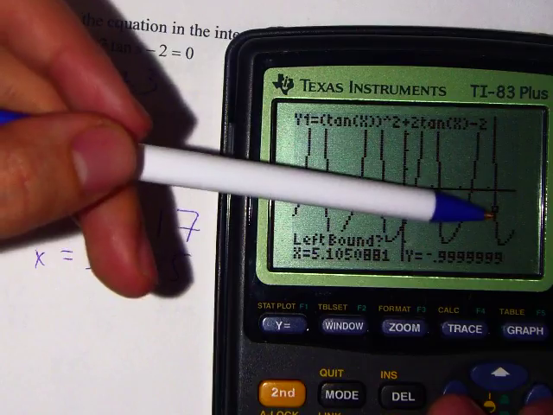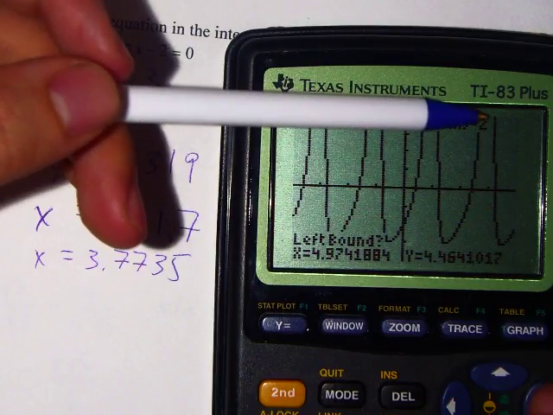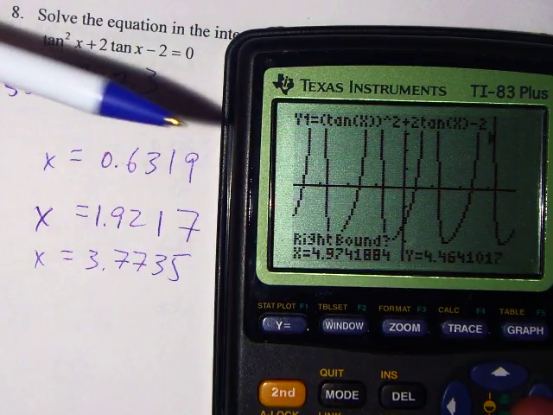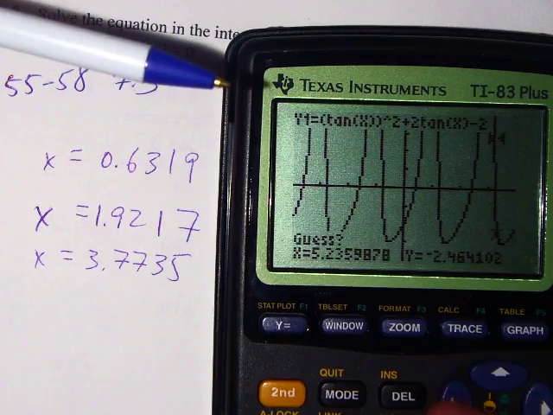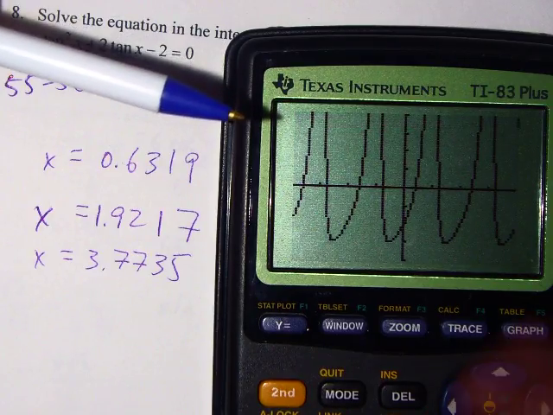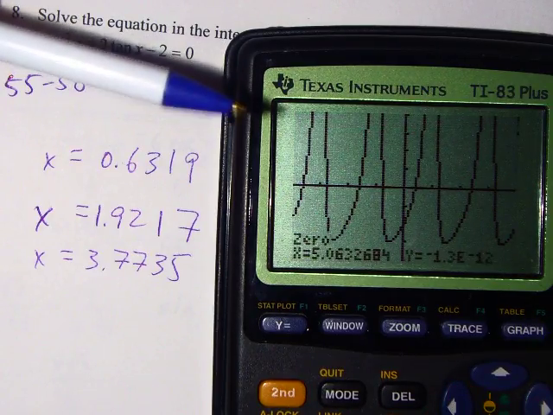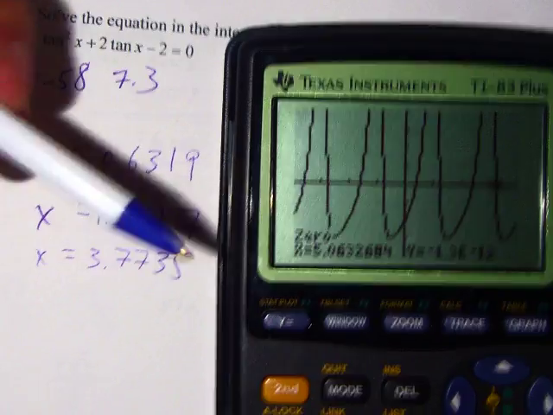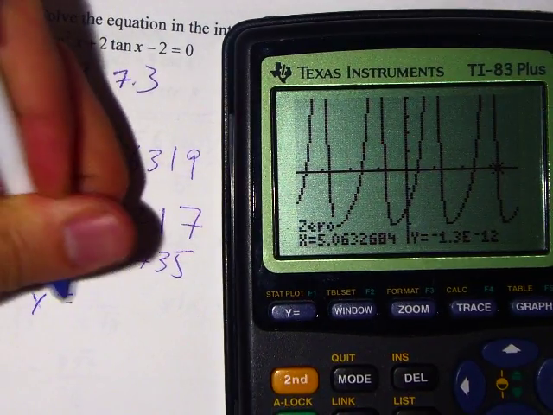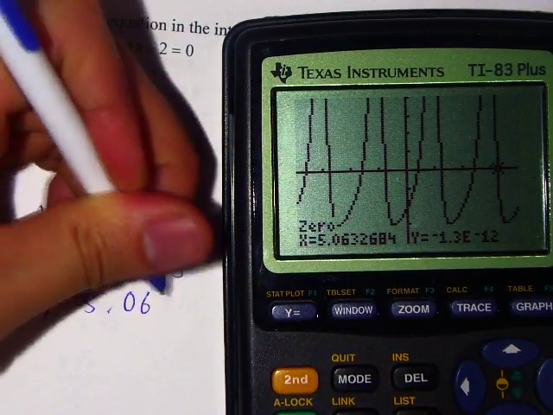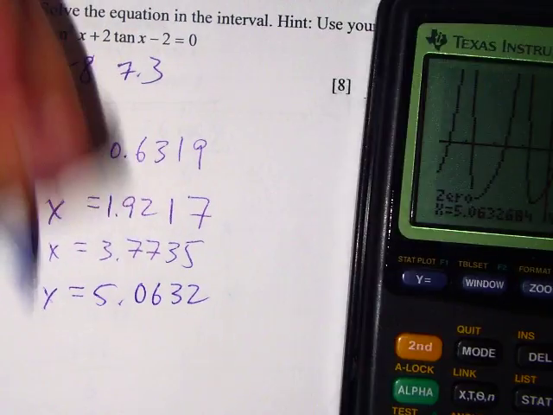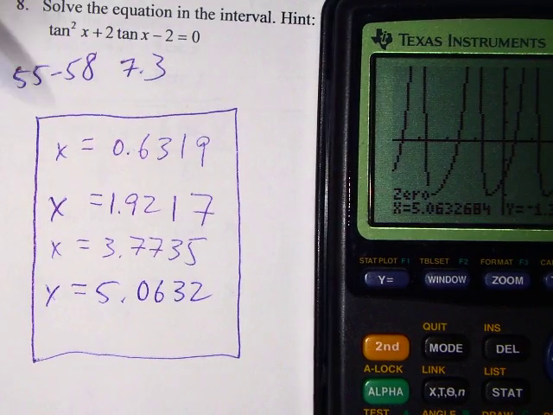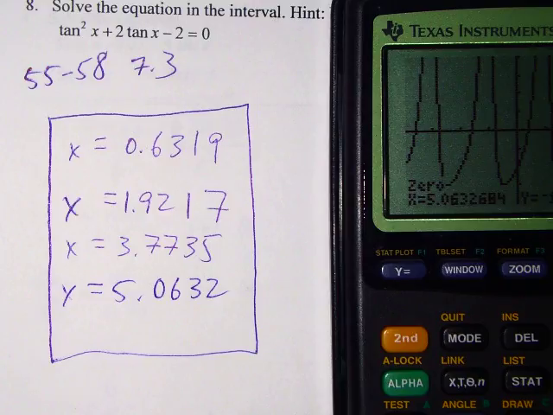Now we're on the left side, then the right side, and I'm going to guess. And look at that, the answer is a little bit over 5, so the answer is 5.0632. Okay, those are the 4 answers.